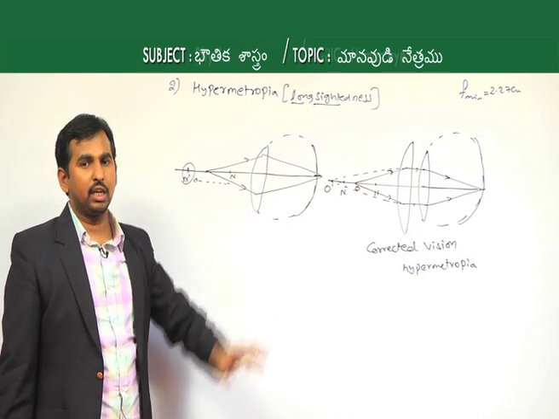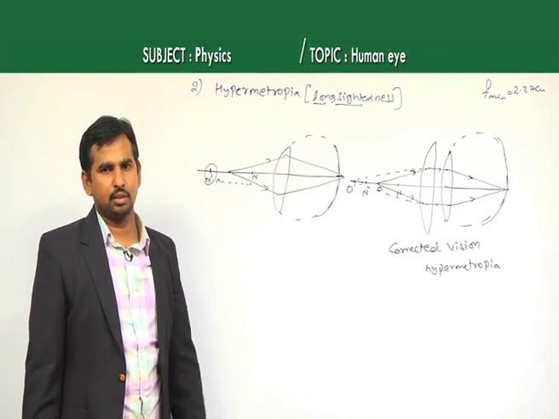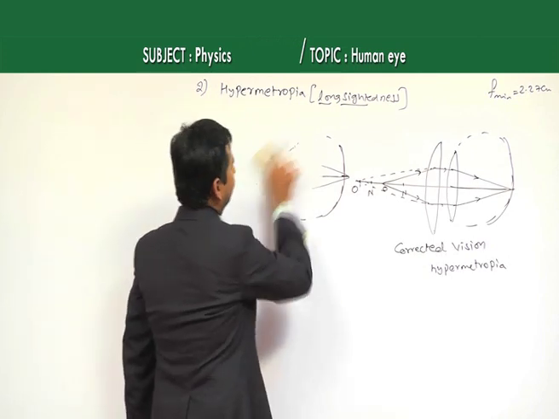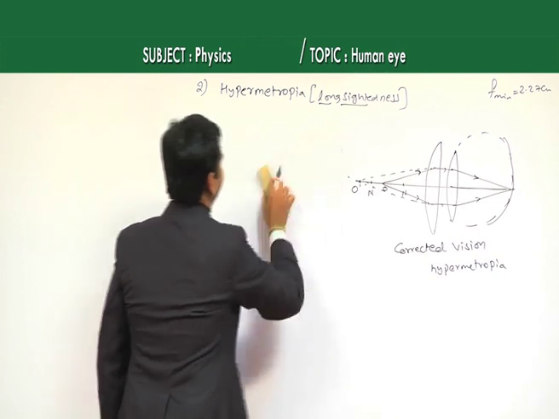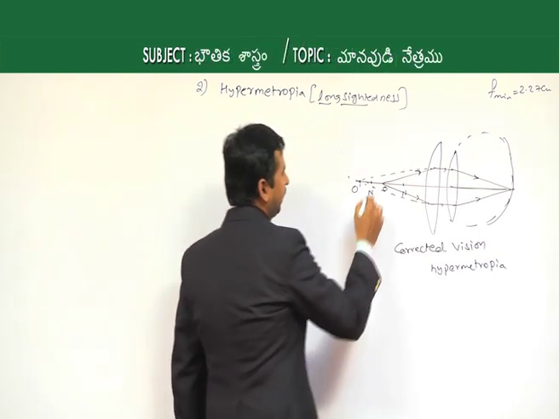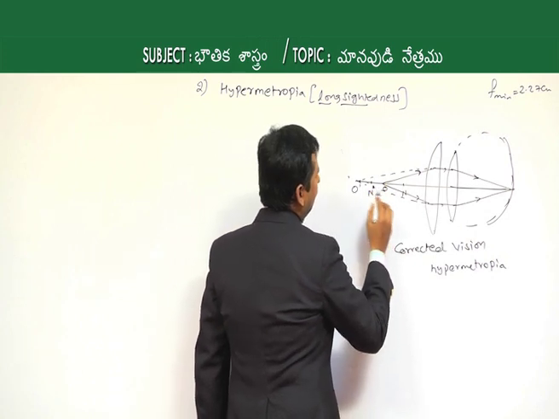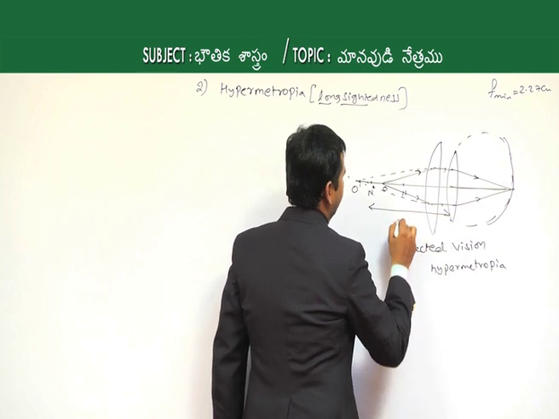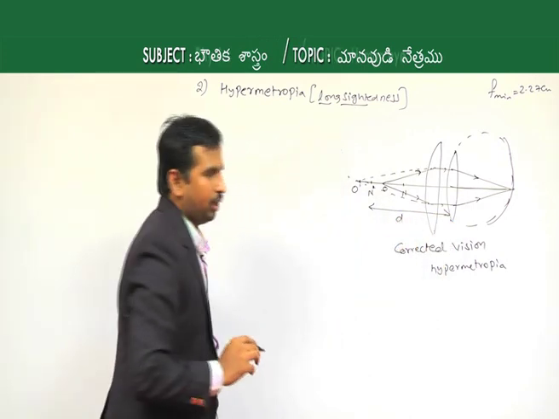But what is the focal length required for that convex lens, that we are seeing now. So, the suggested focal length for hypermetropia. Let us suppose this n dash, which is the near point, is d. D is the near point distance.